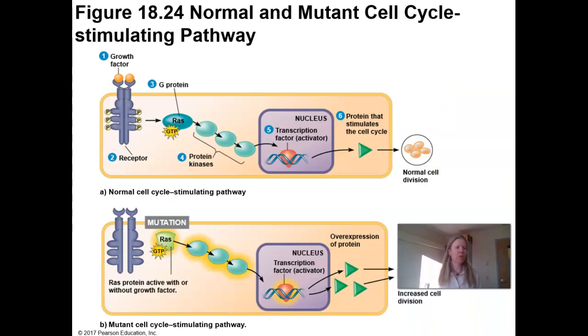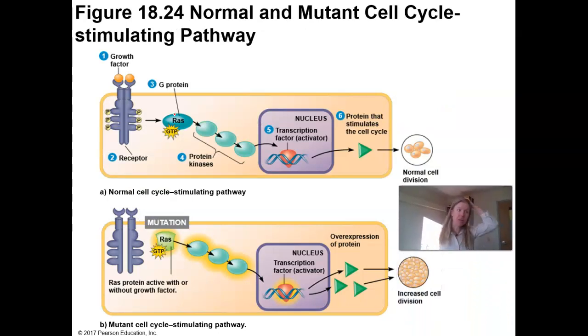Okay, and so this is what it would look like. And this is another one, where there's a growth factor that should be binding on the outside of the cell. Again, without getting too many of the details here, this growth factor is binding on a cellular receptor and should be triggering transcription, right? We get a normal amount of protein, a normal amount of cell division. So you need this, right?